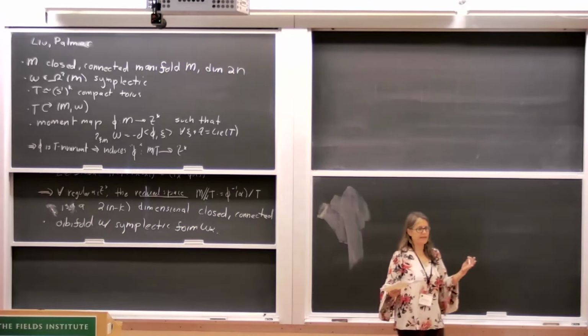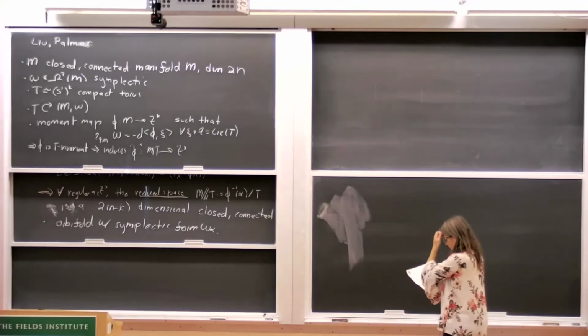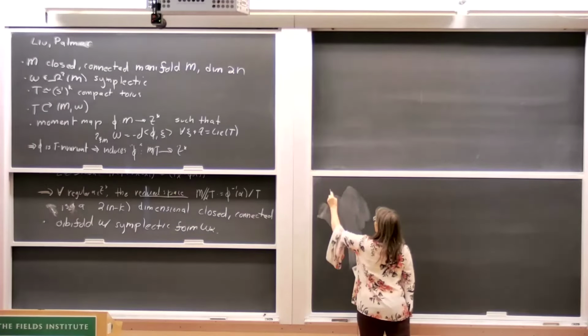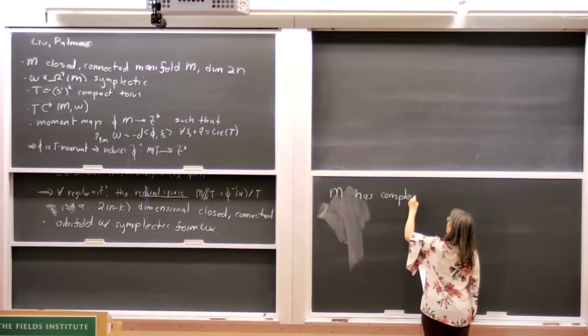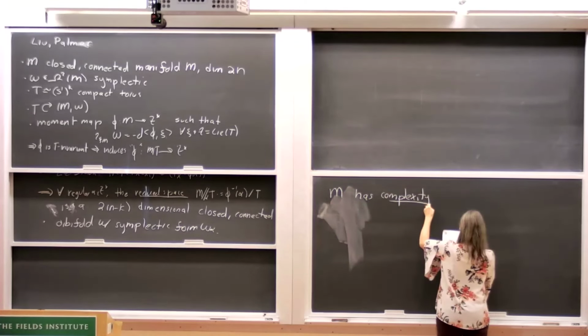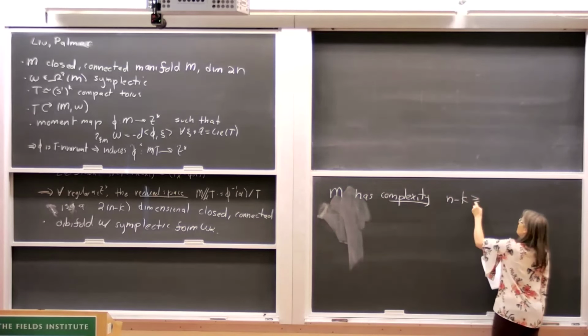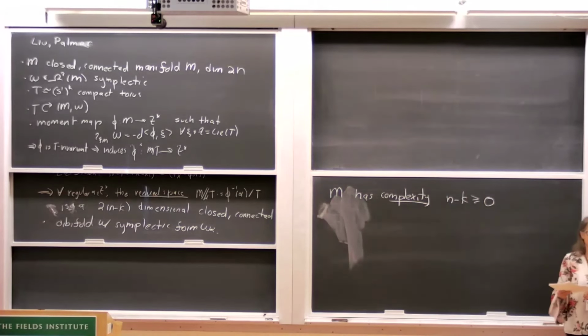So we can always get these reduced spaces. And now I just want to define, we're going to say M has complexity n minus k, which is greater than 0. So this is going to be half the dimension of the reduced space.